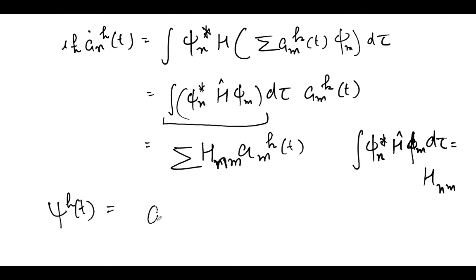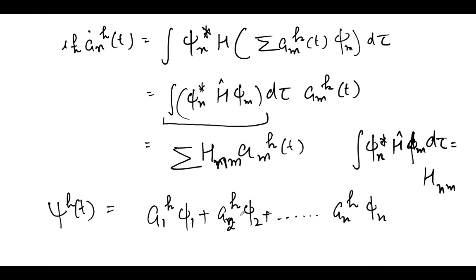We can write this as the amplitude a 1 k for the first state phi 1 for the first particle, similarly for the second particle phi 2, and so on, up to a n k for phi n.